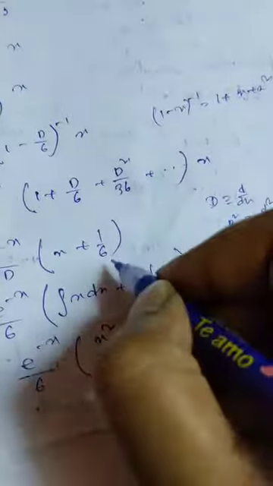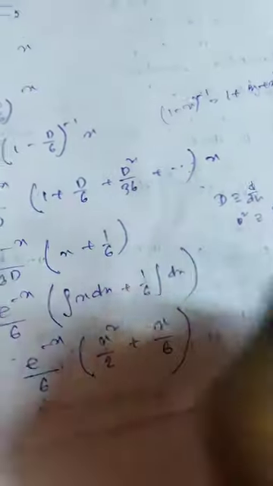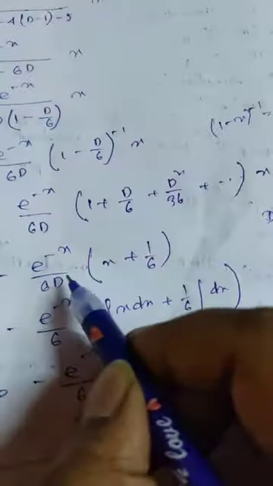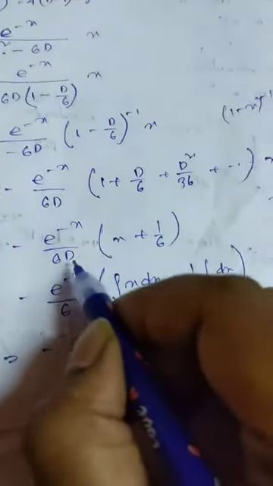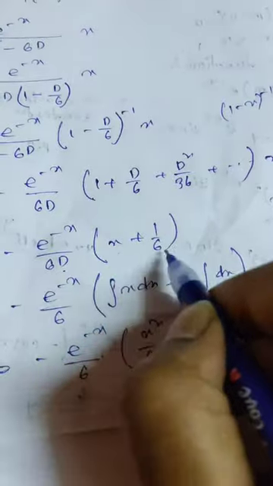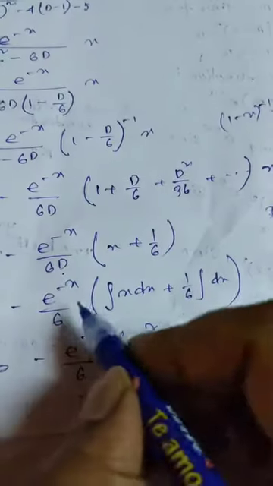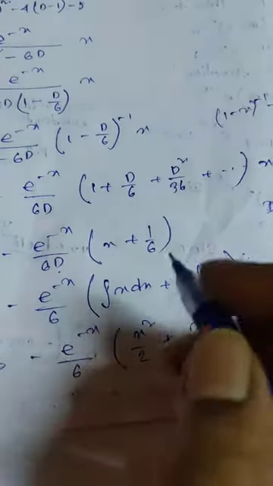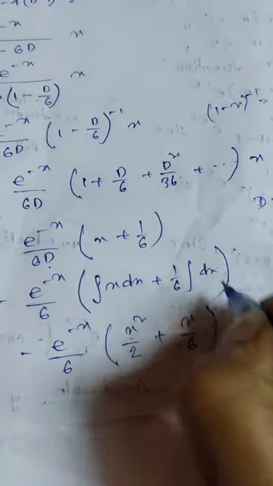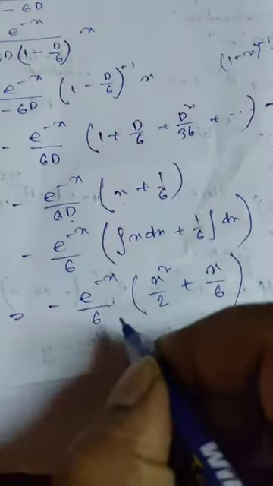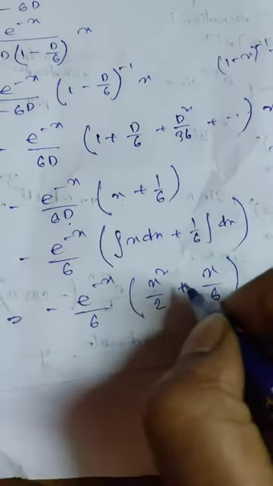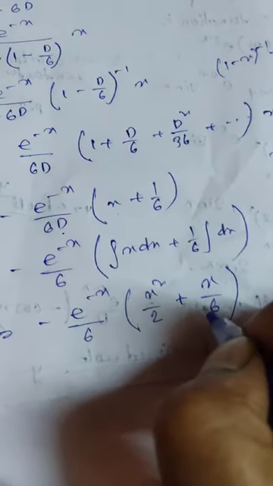So we get 1 by 6, and from second order it will be 0, so we will get minus e to the power minus x by 6D of (x plus 1 by 6), and here 1 by D means we have to integrate these two terms one time. So here we will get minus e to the power minus x by 6 integration x dx plus 1 by 6 integration dx, and if we simplify we will get minus e to the power minus x by 6 into (x square by 2 plus x by 6).